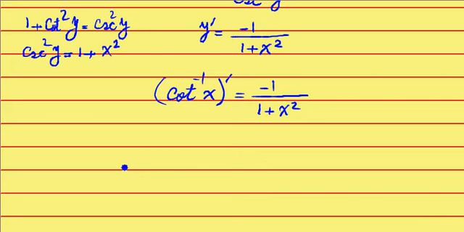Next, we want to take a look at perhaps a secant. So suppose I have y is equal to secant inverse of x, and the question is, what is y prime? Okay, we want to find the derivative of secant inverse.